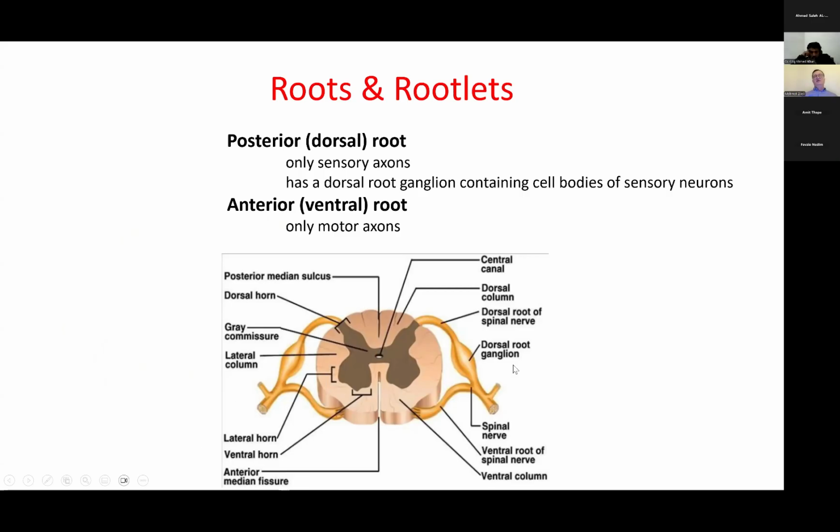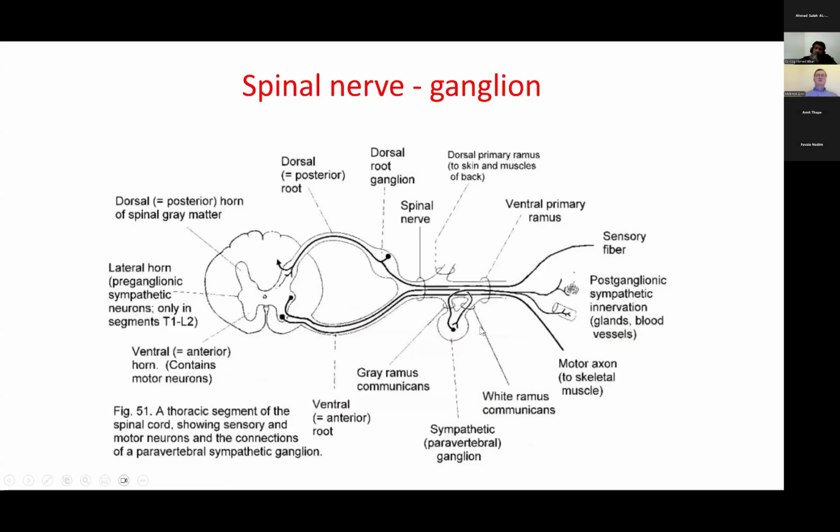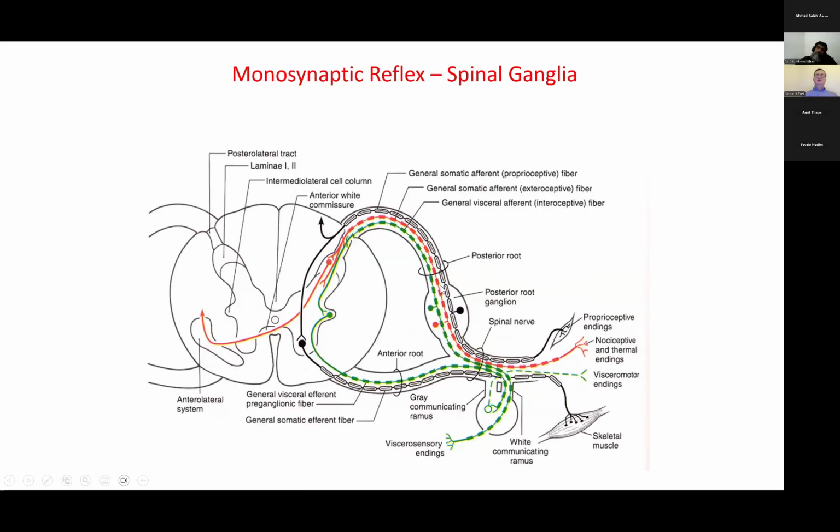And here there is a dorsal root ganglion, which is a very robust structure at the back. This ganglion is very important for spine surgeons, and it includes pseudo-unipolar cells, which form a part of the monosynaptic reflex.